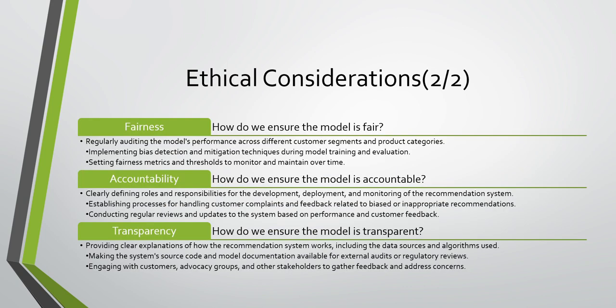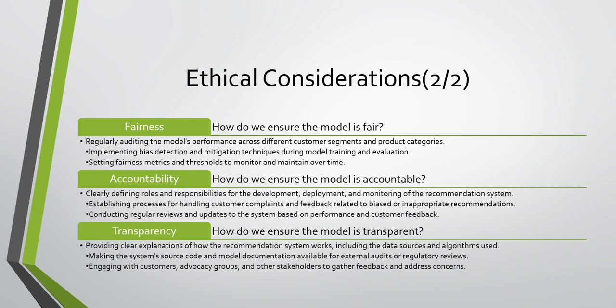So how do we ensure this is working? We look at it from the lens of fairness, accountability and transparency. When the model is getting retrained, we need to look at the data sheet and the AI checklist to audit and make sure that there is fair representation across all the customer groups.